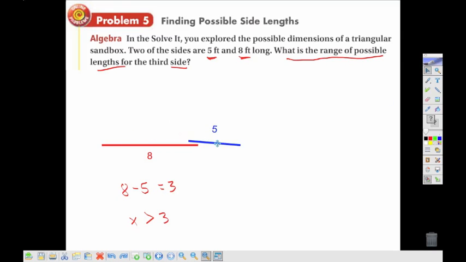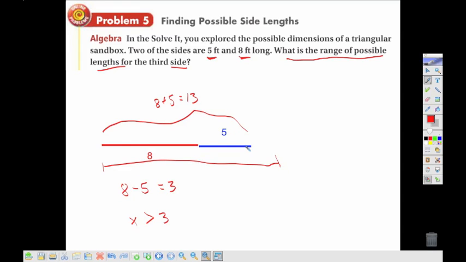If I go around the other way, if I connect them the longer way, the longest this could be would be adding those, 8 plus 5, which gives me 13. If I'm longer than 13, it's going to be too long. I can't get a triangle. So putting those two things together, it has to be bigger than 3 and it has to be less than 13. We can say that 3 is less than x, which is less than 13, just to make sure our units are correct.